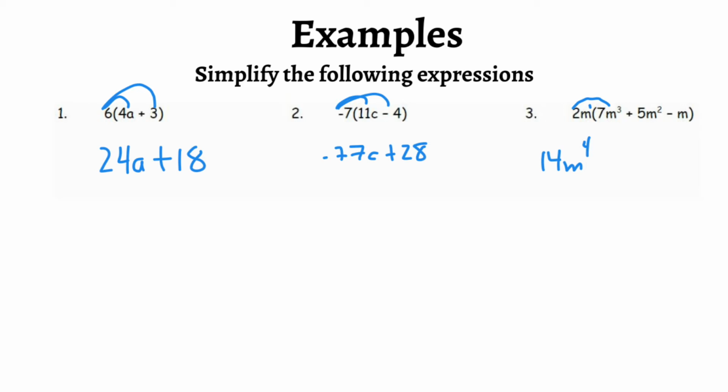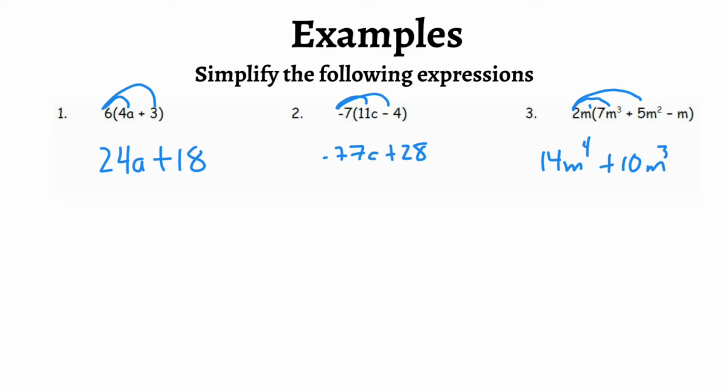Similarly, we're going to multiply the 2 times the 5, and that gives us positive 10. And then the m with the 1 power times m to the 2nd power, when you add the exponents, you should get 3. So we get m to the 3rd power. And now here at the very last expression, we're multiplying the 2m times a negative m.